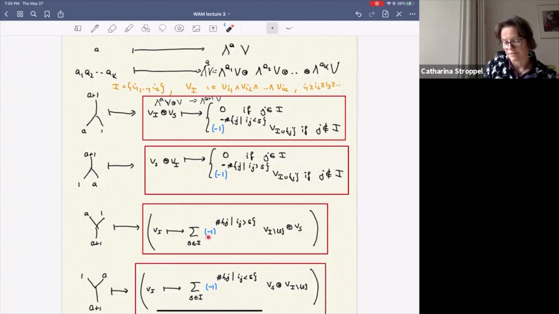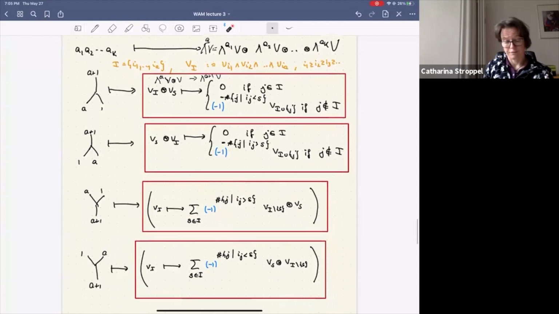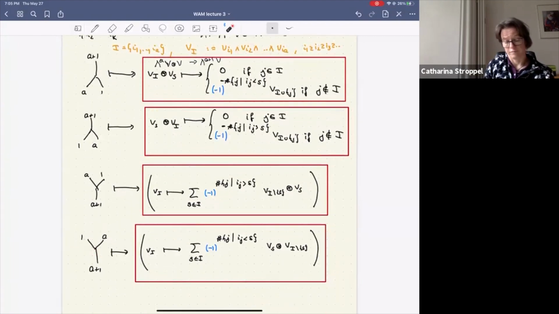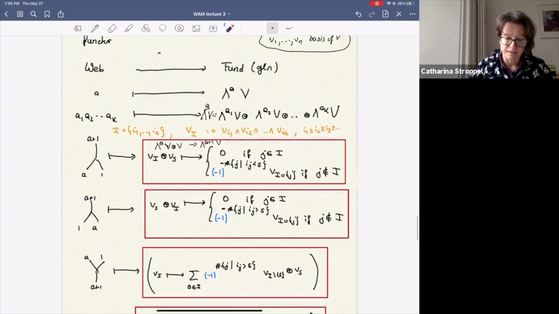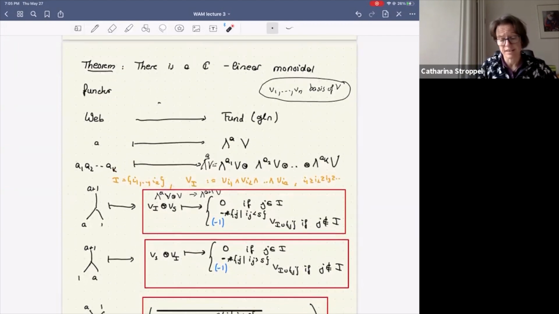And then again, I have a minus sign, which counts how many indices come, which are bigger than the one I picked. And for the other version, I count the number of indices which are smaller than the one I pick. And so the claim is that this defines, so the theorem says that this defines a well-defined functor.